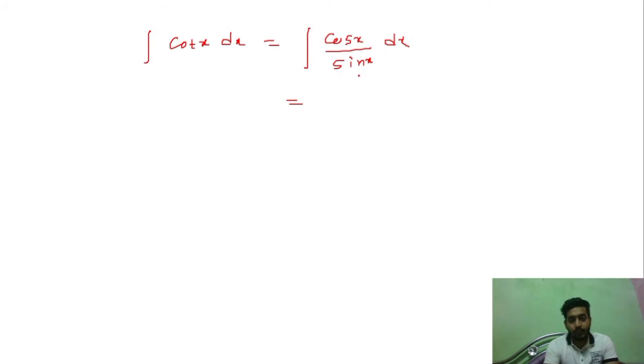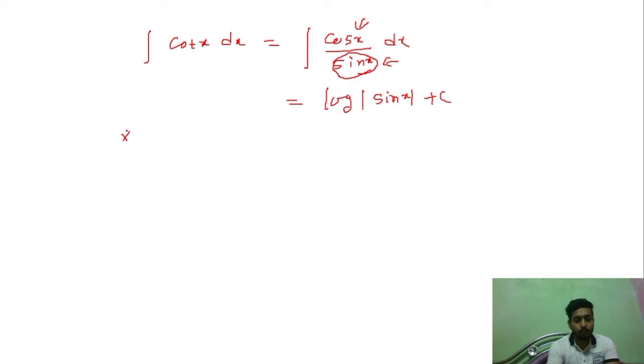Now if the derivative of the denominator lies in the numerator, then the integration will be log mod denominator plus c. This will be the answer. This is the formula to find this type of integration.